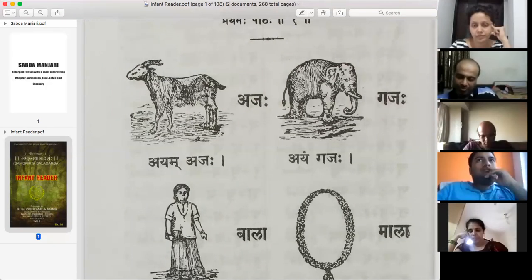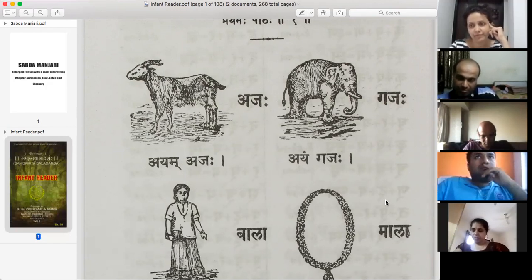You have to start questioning, what case is this? So the pattern matching already has started. What pattern is it following? You may not have memorized Aja Shabda, but you should not say, I don't know Aja Shabda, so I can't identify the case. You have to match it with Rama Shabda. So Ajaha is like Ramaha.